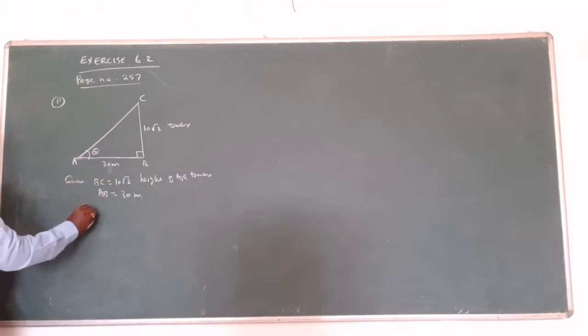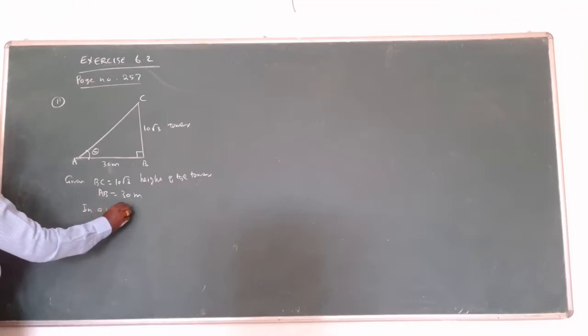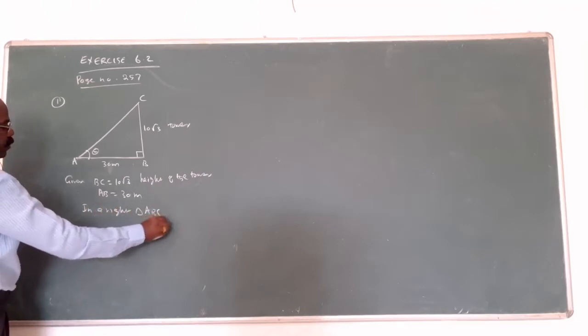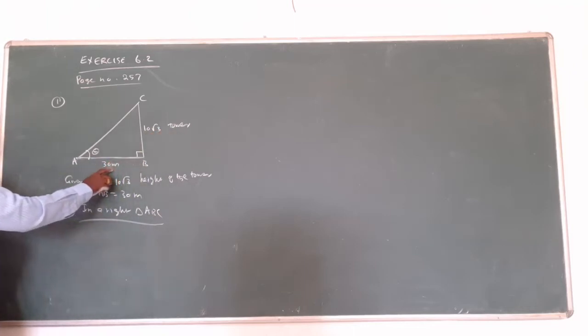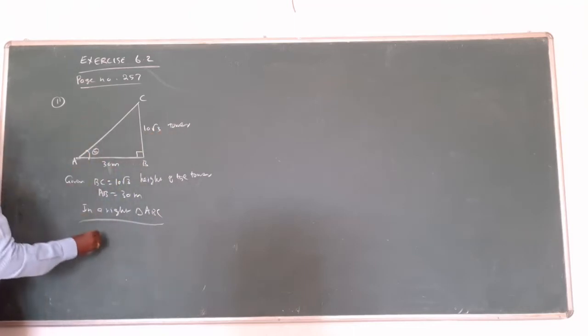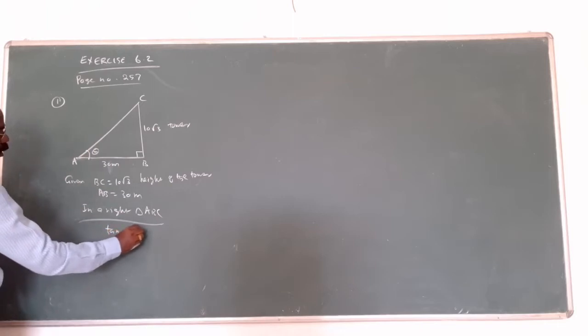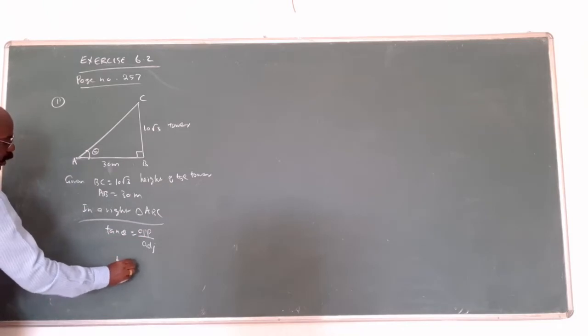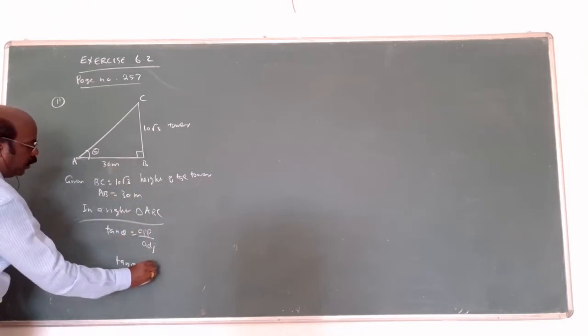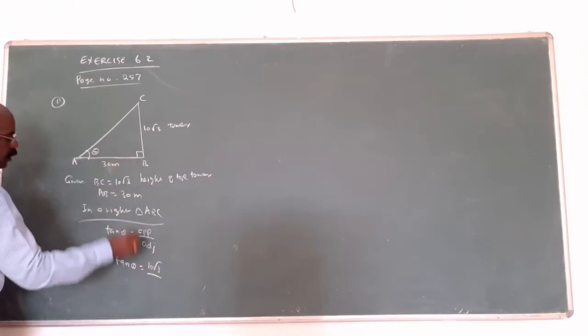Now in the right angle triangle ABC, opposite is given, adjacent is given, hypotenuse is not asked. Therefore, tan theta formula: opposite by adjacent. So tan theta equals 10√3 by 30.